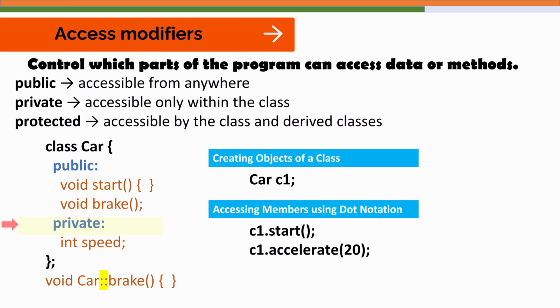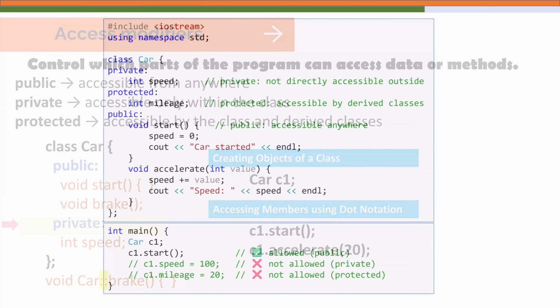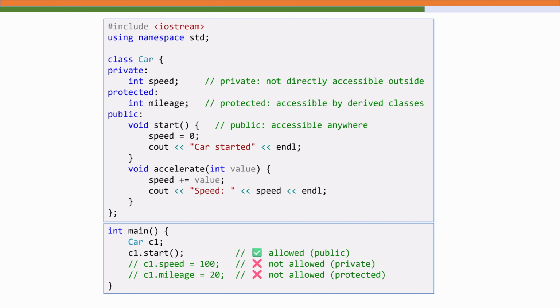So the combination of access control, object creation, and that dot notation gives us a structured and safe way to represent and manipulate the real world entities in our code. So let's look at an example to reinforce what we have just learned about the classes, access modifiers, and the object interaction.